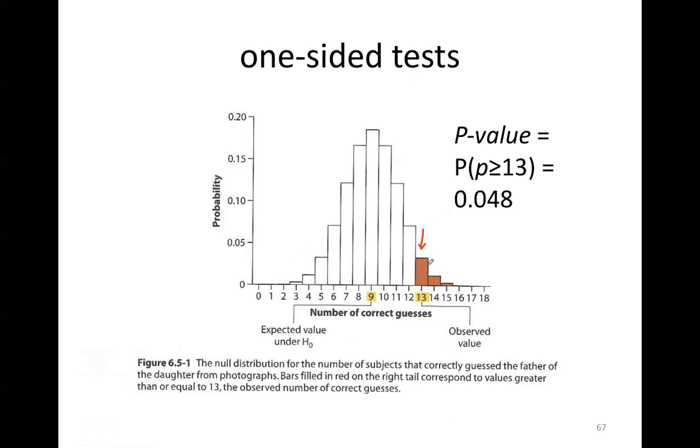We only take into account deviations on this side. So we're calculating the probability of observing something as extreme as 13 or more extreme under the null hypothesis. If everything was random, what's the chance of observing 13 or more extreme? Okay, and that turns out to be nearly 5%, slightly lower than 5%.